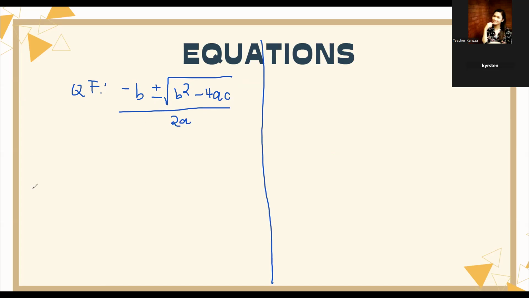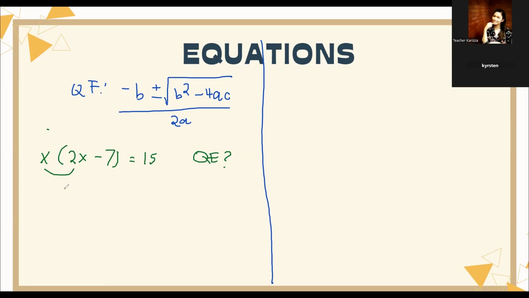So step 1 is to simplify our equation. So let's say we have x times 2x minus 7 is equal to 15. So hindi pa siya naka-quadratic equation. So let's solve for this first.